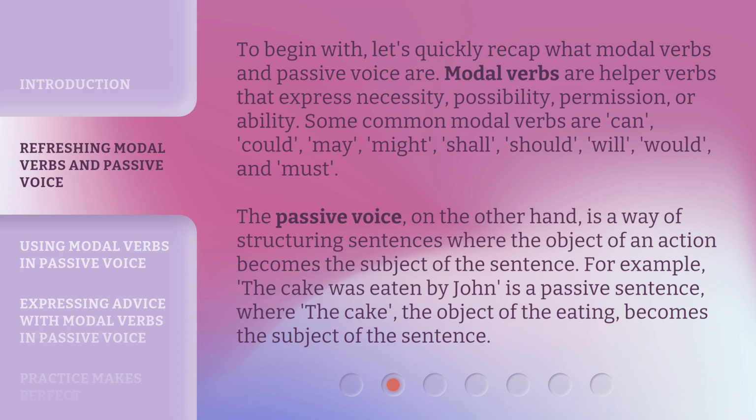The passive voice, on the other hand, is a way of structuring sentences where the object of an action becomes the subject of the sentence. For example, "The cake was eaten by John" is a passive sentence, where the cake, the object of the eating, becomes the subject of the sentence.